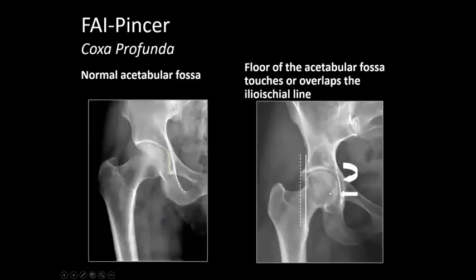Now, the one that you looked at is called coxa profunda type of pincer. So, for example, if you looked at the hip here, this is a normal hip. With this normal hip, you're seeing the acetabular fossa lateral to the ilioischial line here. So this is how a normal acetabulum and a normal hip looks like.